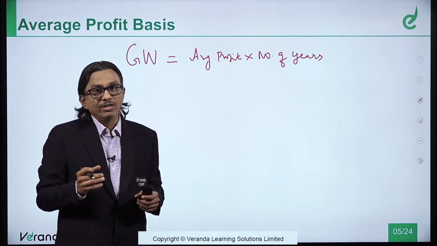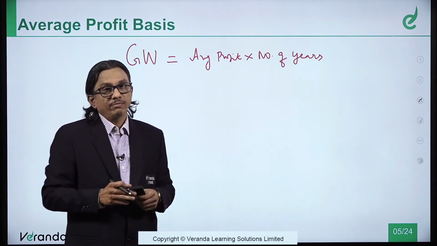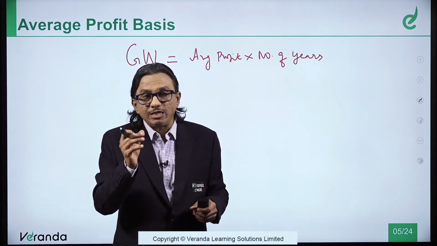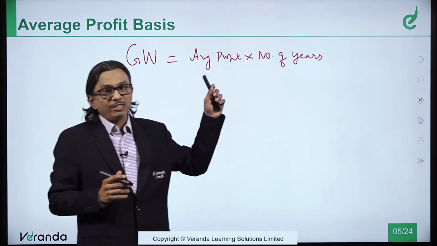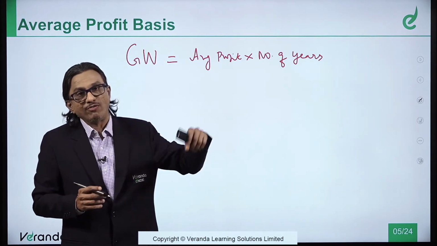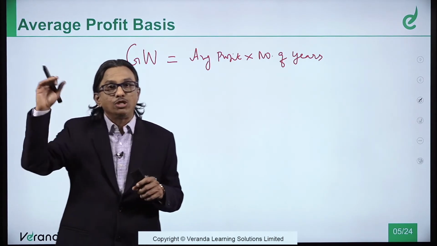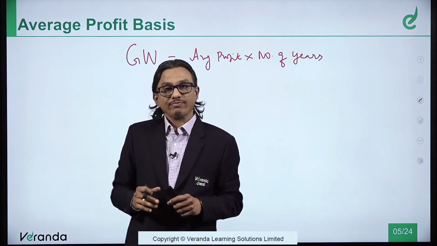The number of years are the expectation of the future. In how many years in the future you will earn the same average profit that you have earned in the past. So average profit is based on the past performance. If you extrapolate the past performance into the future for so many years, you will get the value of goodwill.